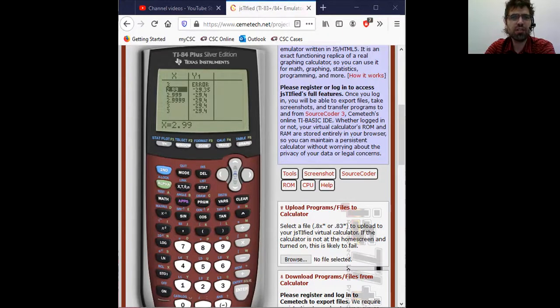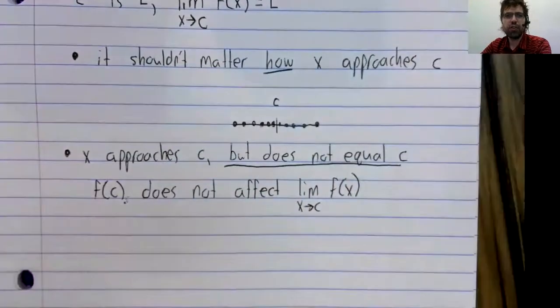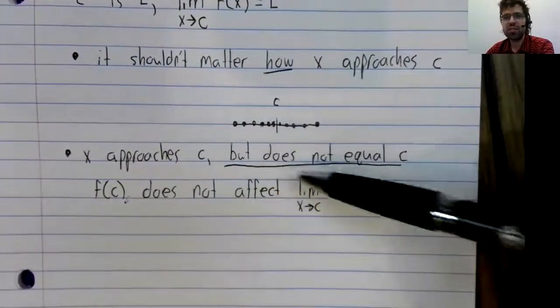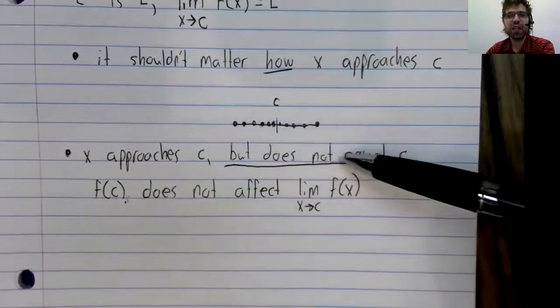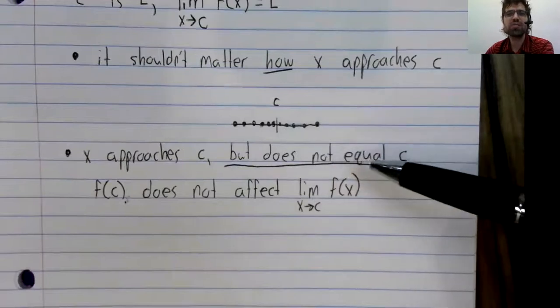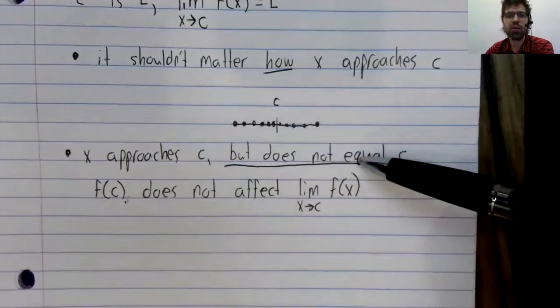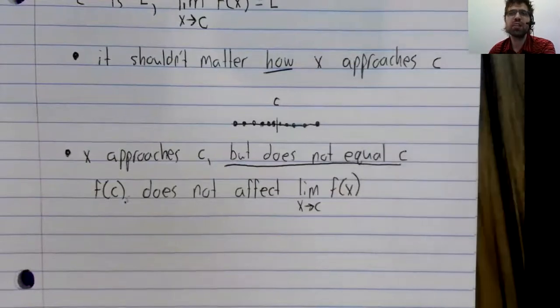We've made this observation that when you're taking a limit, what happens at the value itself doesn't matter. The only thing that matters is what happens as we get near that value.